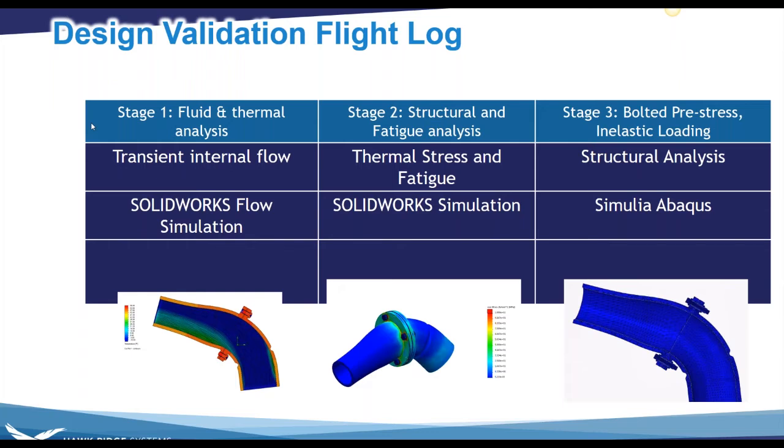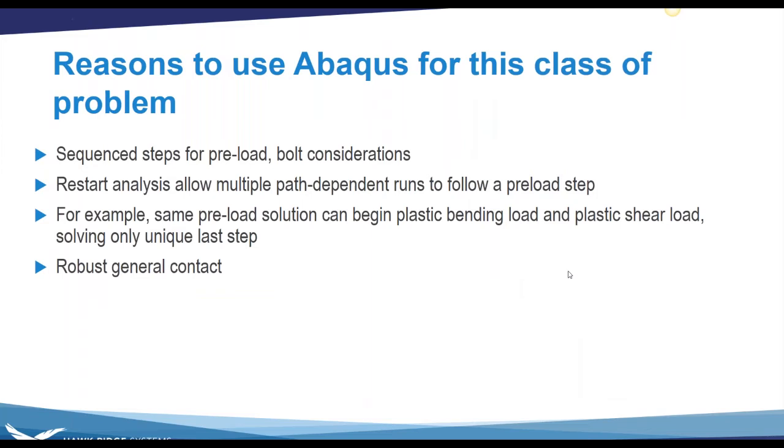In the middle, we have our structural results based on that. And on the right, we have the Abaqus results showing a bit of shearing action at the bolts and at the interface of the gasket and the neck and the nozzle. So this is the third part of the series and the third part of the analysis, where the bolts were first pre-tightened and locked at a certain position, and then that shearing load was applied.